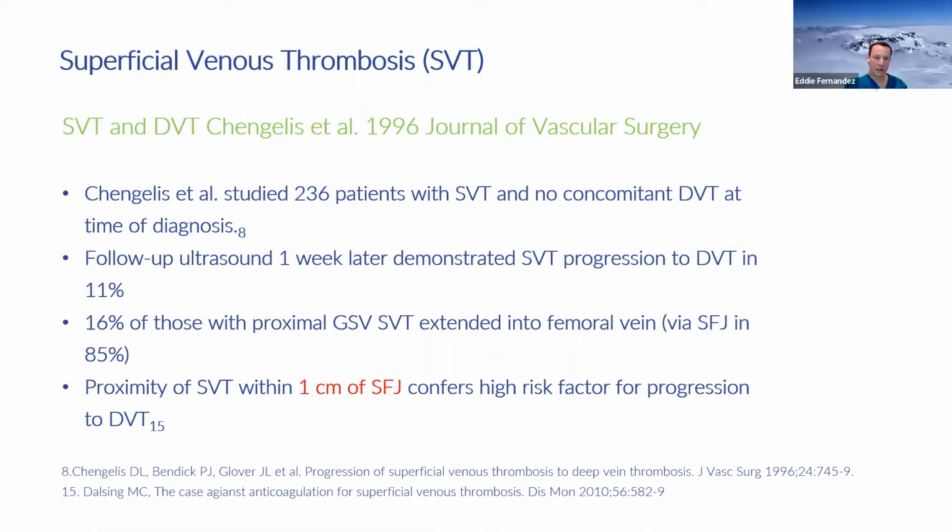Well, we have Shingales in 1996 that looks at 236 patients with SVT and no concomitant DVT at the time of diagnosis. They followed them with an ultrasound 1 week later and demonstrated progression to a DVT in 11% of those patients. 16% of those patients had proximal GSV SVT extending into the femoral vein, with the SFJ being the most common area of progression, and proximity of the SVT within 1 centimeter of the SFJ conferred a high risk of progression to a DVT.